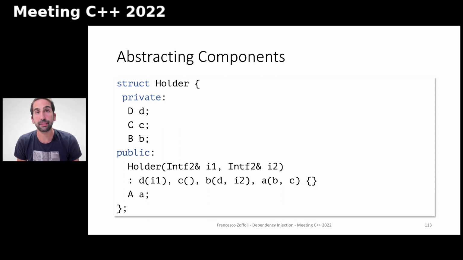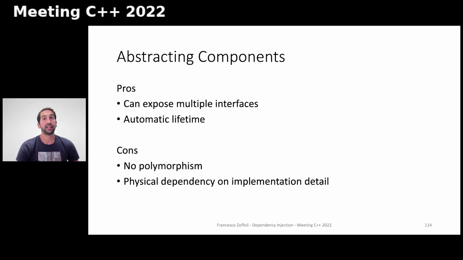For this to work, it requires return value optimization and copy elision, but this is mandatory from C++17 anyway. The advantage of this approach is that it can expose multiple interfaces and again makes the lifetime automatic, although as I said before, if you want to manage everything through shared pointers, this can also work.